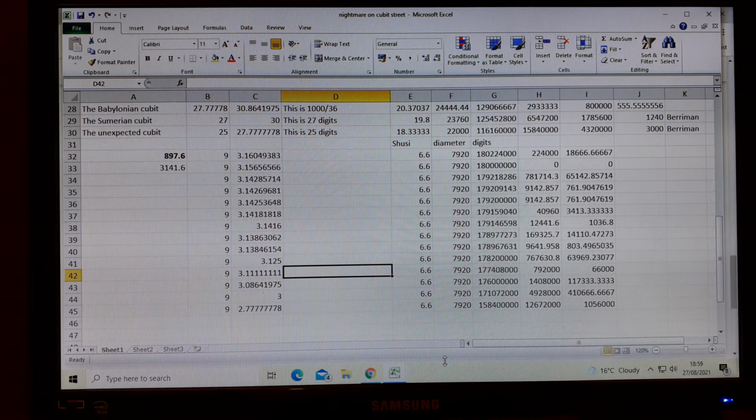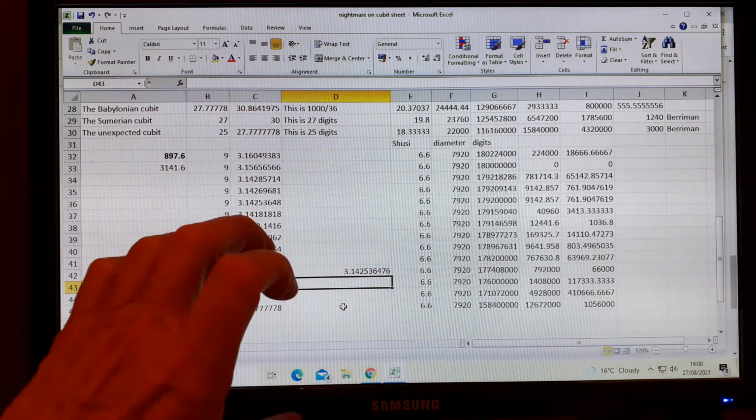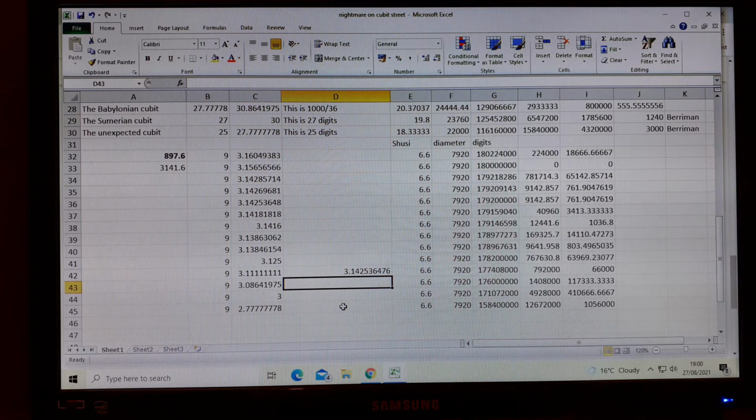I'm going the wrong way there, that's higher up. But anyway, oh, maybe if you divide by 99. Yeah, there you go. You divide by 99 when you get this low down. So everything comes back into focus against pi once you get past base 100 and back down to base 99. It's very complex. But we've got this Shusi as a diameter.